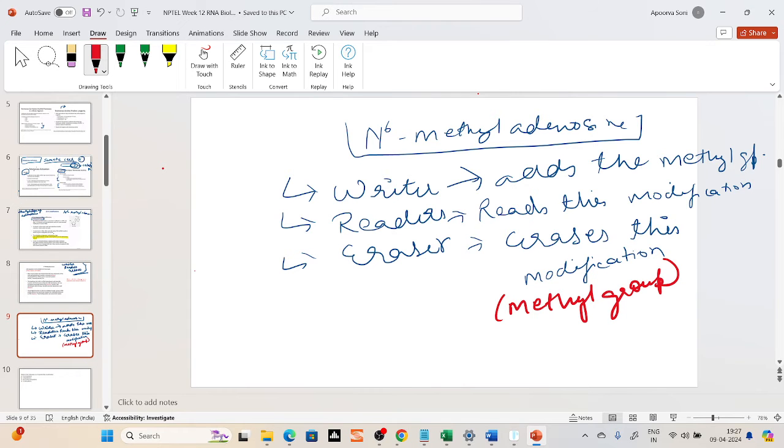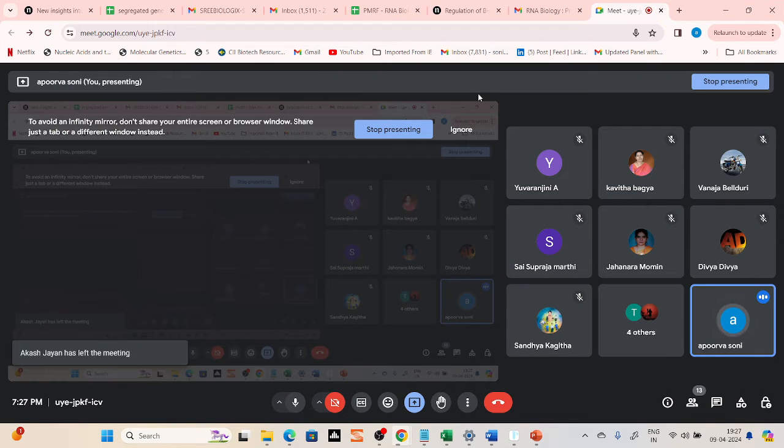Are these three terms clear to everybody? Because we will be using these terms again and again in our whole lecture now.